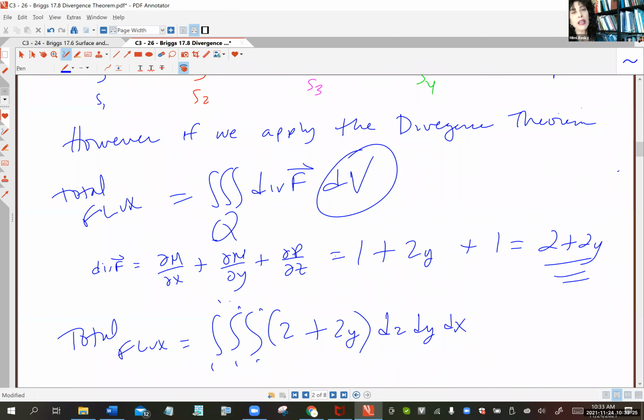You got to be very careful when you do this part. You have to use all the knowledge that you got from the last module of setting up limits on triple integrals. And that's what's so cool about this final chapter, because it is the culmination of everything that you've learned before. So you got to be good at triple integrals.